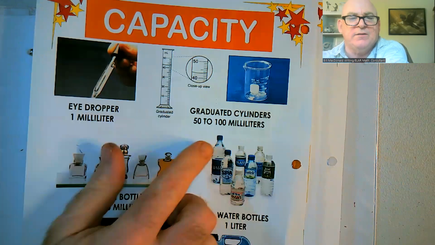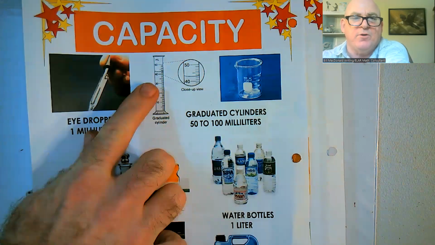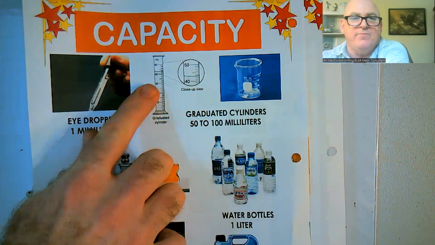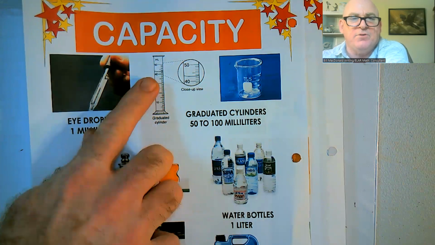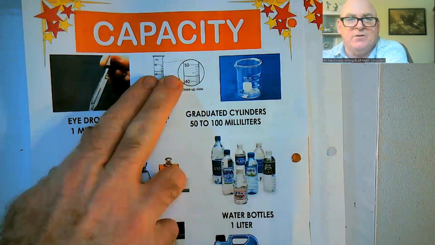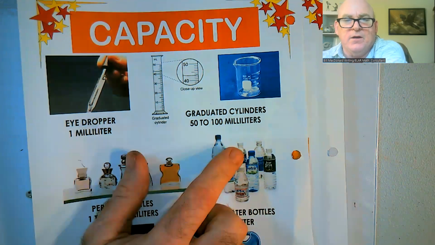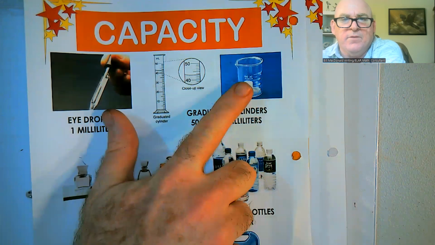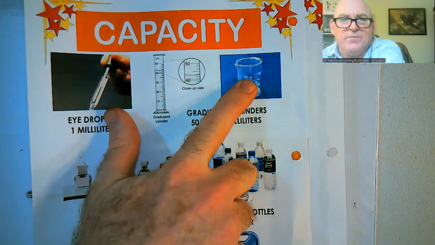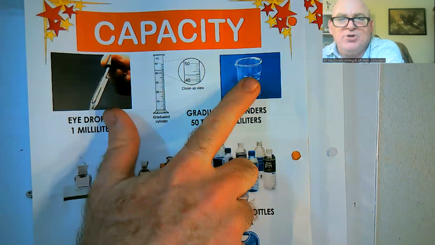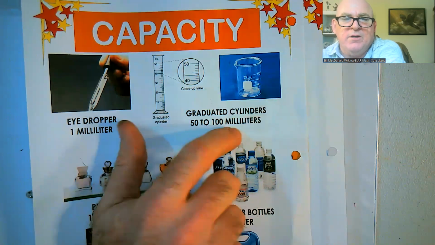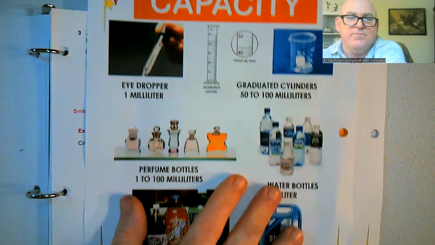A graduated cylinder, it's going to graduate to the point when it's full, in this one up to 50. So a little skinny one, again with liquid. This one here has the capacity for more than 100, but you can only measure up to 100 milliliters.